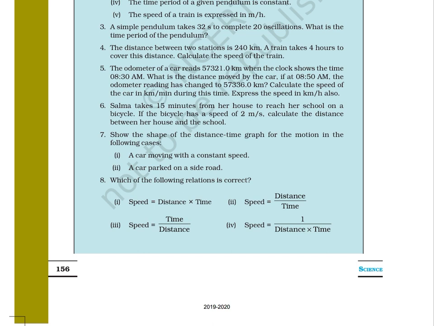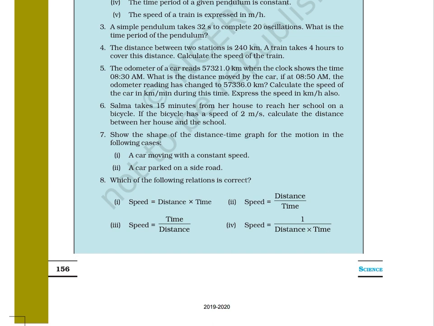8. Which of the following relations is correct? 1. Speed is equal to distance multiplied by time. 2. Speed is equal to distance divided by time. 3. Speed is equal to time divided by distance. 4.